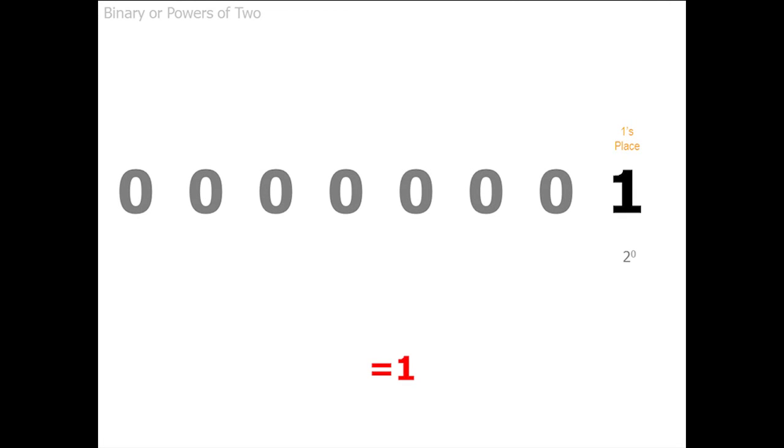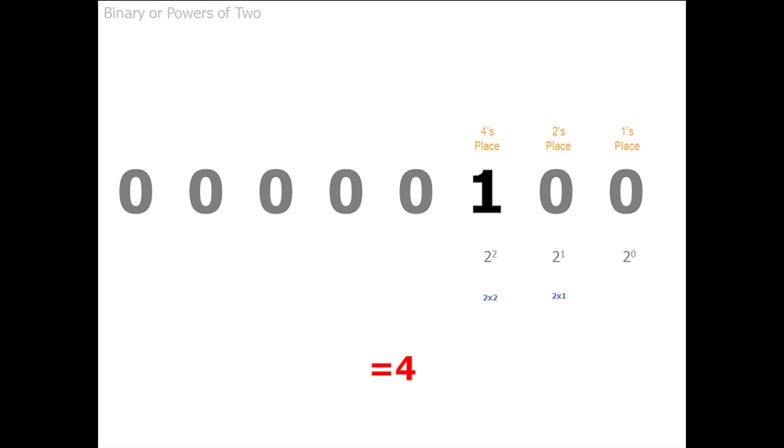So just as we went over the powers of 10, let's now talk about binary, or the powers of 2. Everything is going to be in multiples of 2. So again, remember, 2 to the 0 power, anything to the 0 power is 1. So that's where we start. That's the ones place. Then you have the twos place, 2 to the first power, which is just 2.